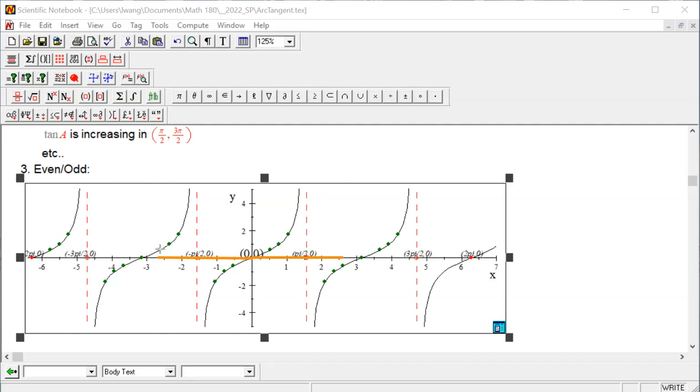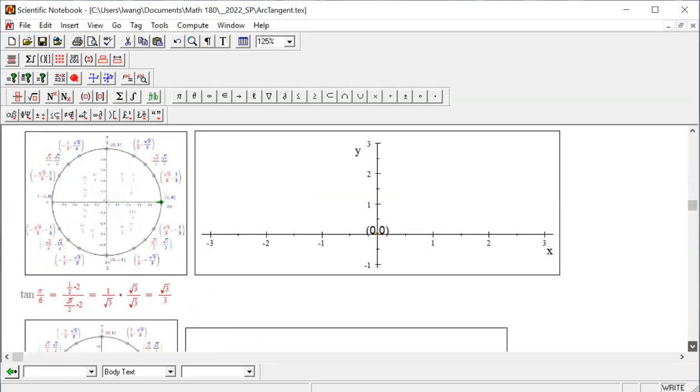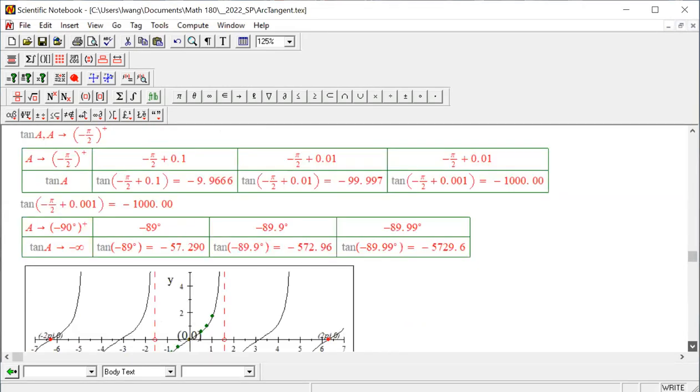Here's the output, and here's the output. So opposite input produces opposite outputs. That confirms it is odd. If we look at those values on the table, we obviously see that. Let me bring up some tables just for the comparison.